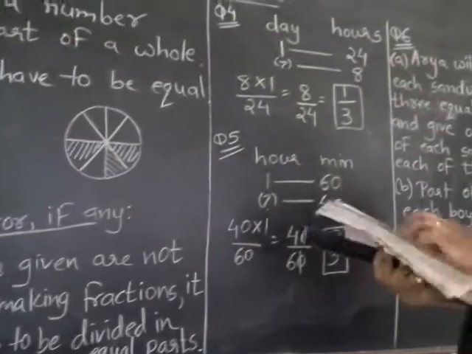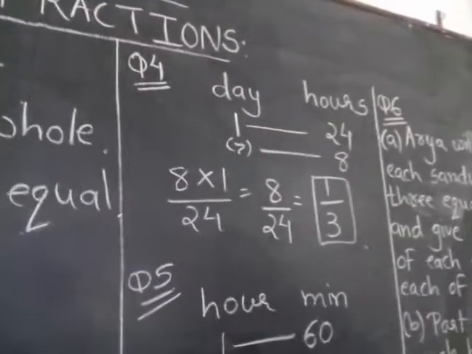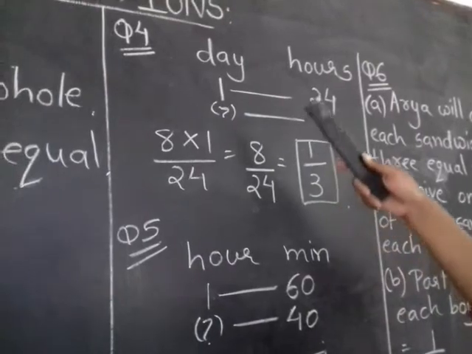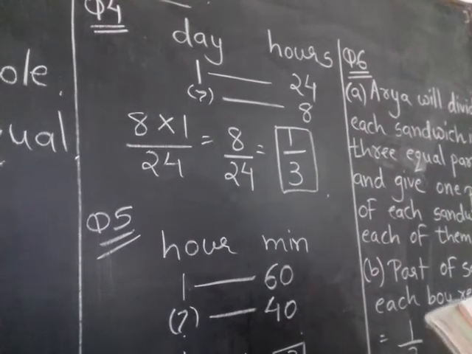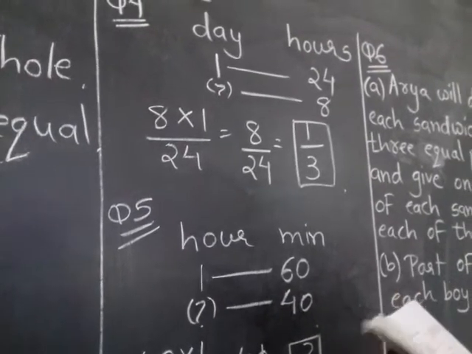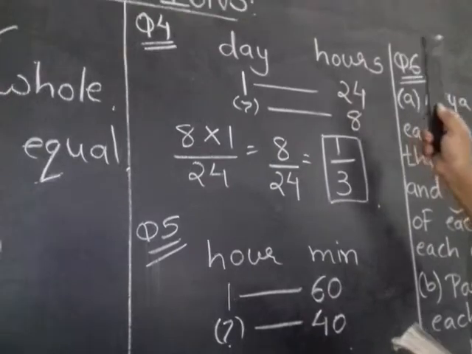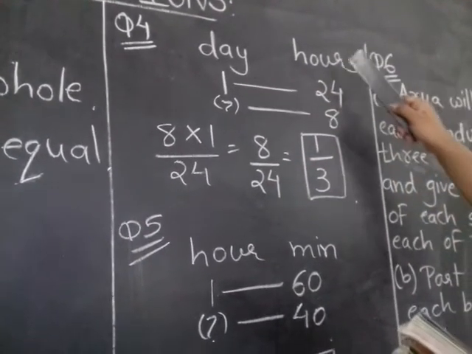Okay, now coming to question number 4 of exercise 7.1. Now children, you can see here, I will go with the sum. What fraction of a day is 8 hours? Here, what fraction of a day means we have to find the fraction of the day that is 8 hours.